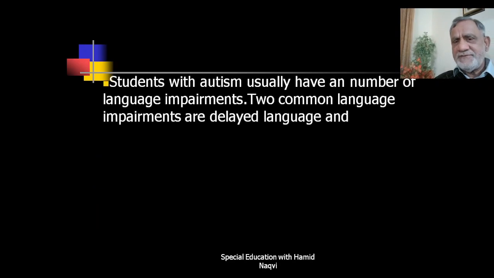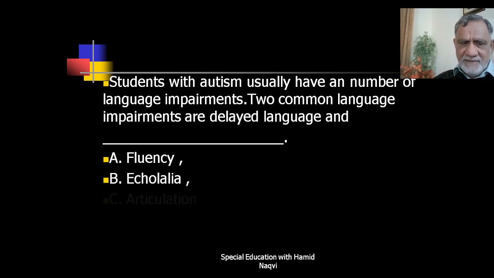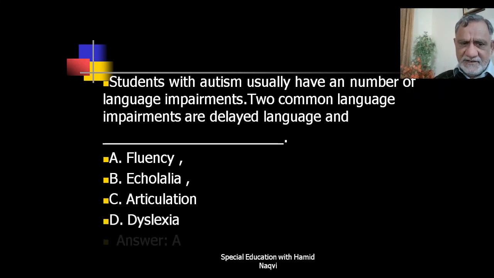Students with autism usually have a number of language impairments. Two common language impairments are delayed volume and dash what? Fluency, echolalia, articulation, or dyslexia. The correct answer is fluency.